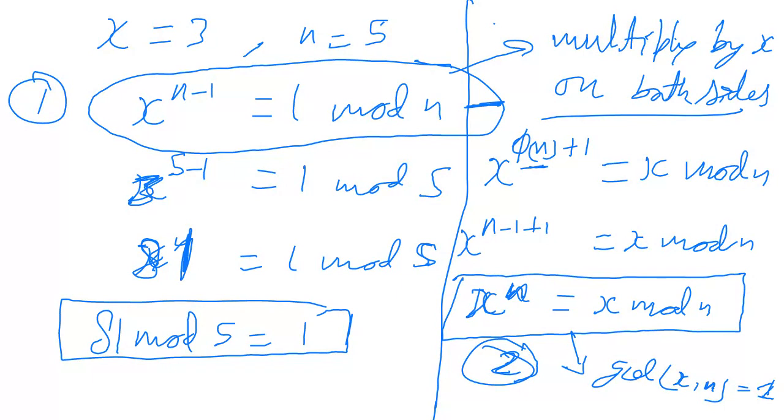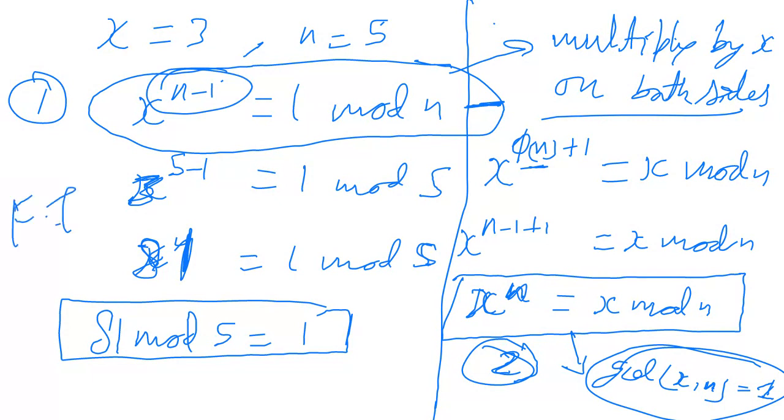Second thing is they are not divisible. I have repeatedly said that they are not divisible by each other. Not divisible means they are co-primes to each other, right? Second thing is that n is a prime number. So when x and n are co-primes, and n is a prime number, in that case we can have two statements for Fermat's theorem, right? So this is all about Fermat's theorem.